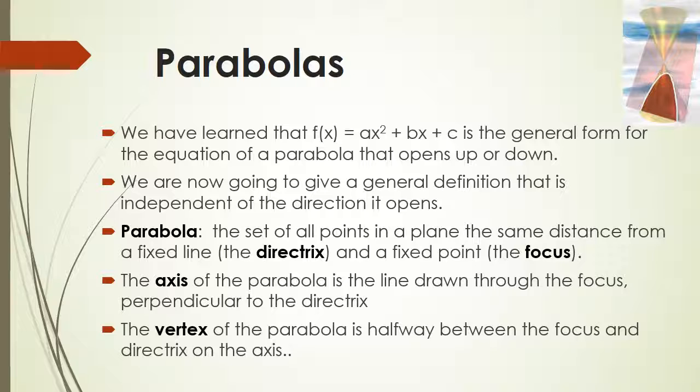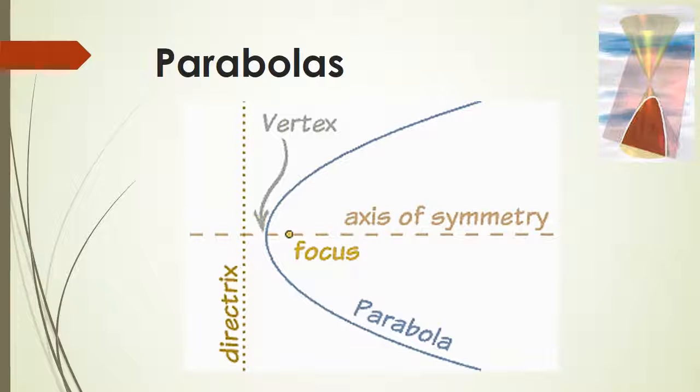I'm going to show you what this looks like. So there's my parabola, and you see the focus and you see the directrix. The idea is that you could pick any point on that parabola and measure the distance from that point to the focus, and then measure the distance from that point straight perpendicular to the directrix, and those two distances would be the same thing.